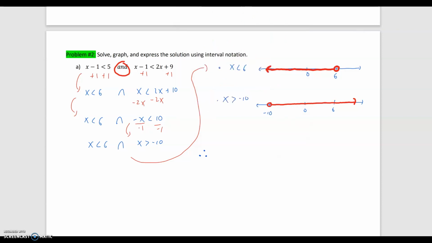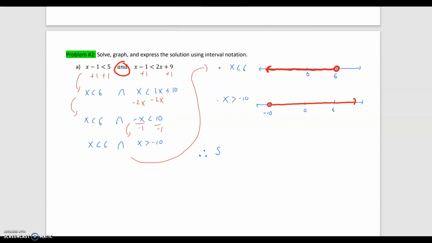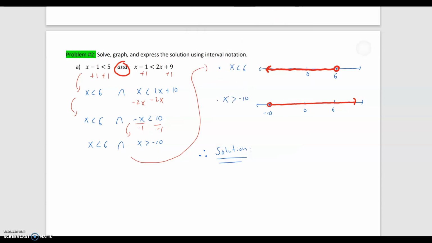Okay, at this point, let's actually look at the solution. Now, for the first statement that we're doing the intersection where these two overlap. And notice that they're overlapping here from negative 10 to 6. So it's just this region that they're overlapping.